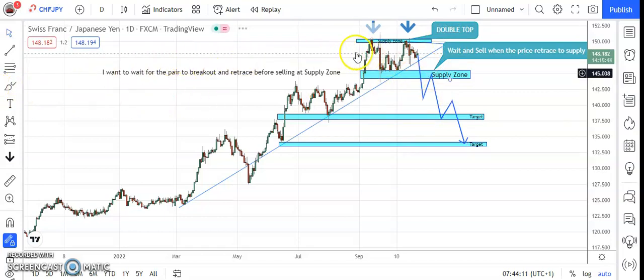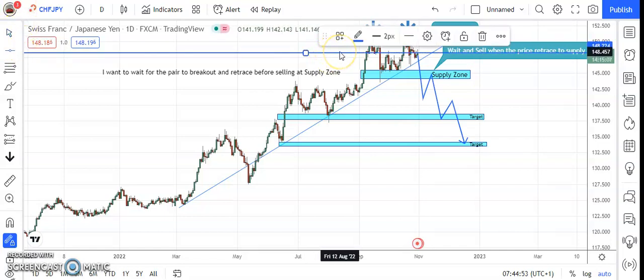Because if you look here, you will see that this is a resistance zone, right? And maybe let me put another one here.